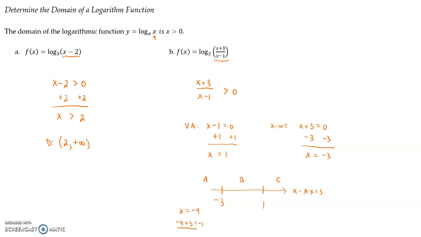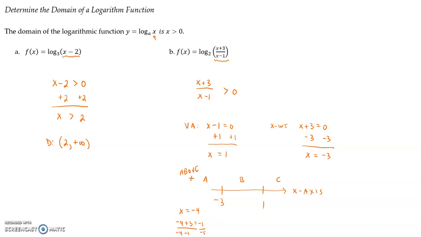And in our denominator, we're going to have negative 4 minus 1, which is a negative 5. This is going to give us a positive 1/5. Right? So in this interval A, these values are going to be positive or above our x-axis.